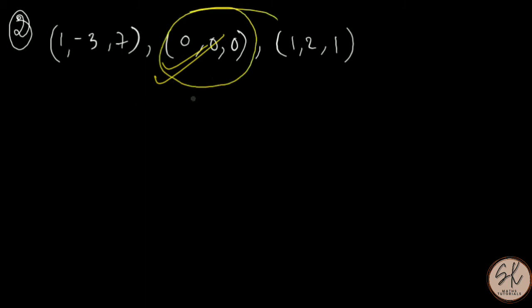Wherever there is a 0 vector, the set will be linearly dependent. So these vectors are linearly dependent.